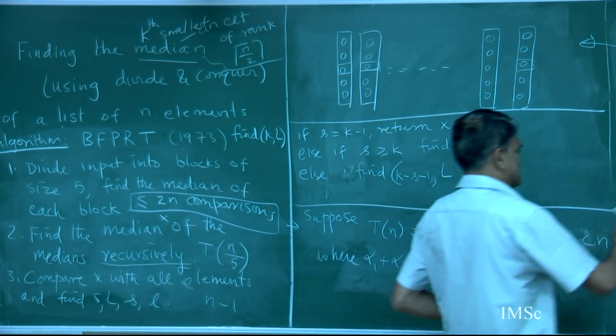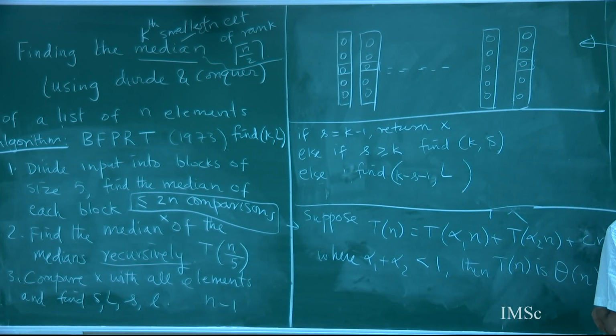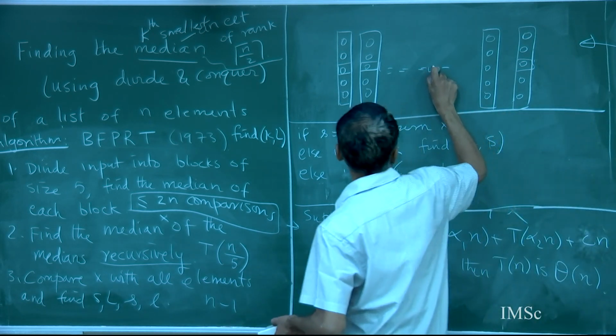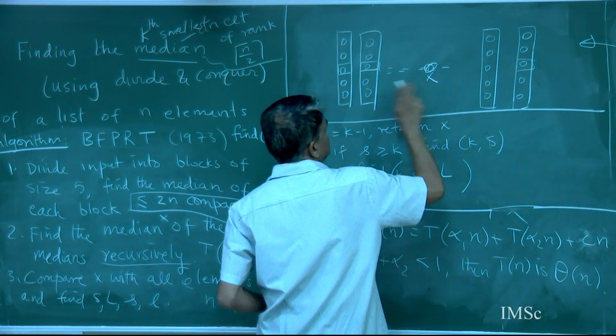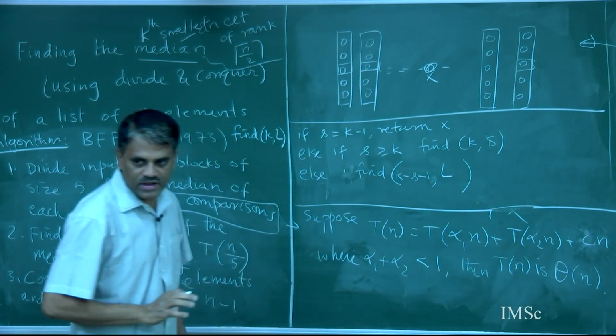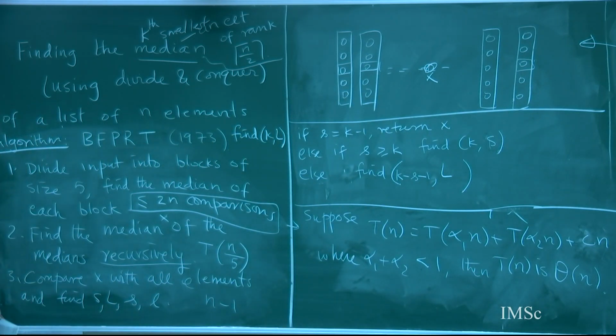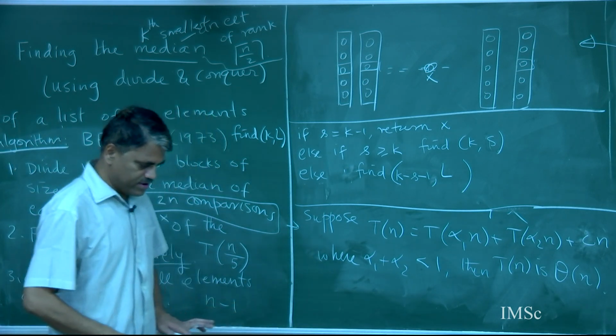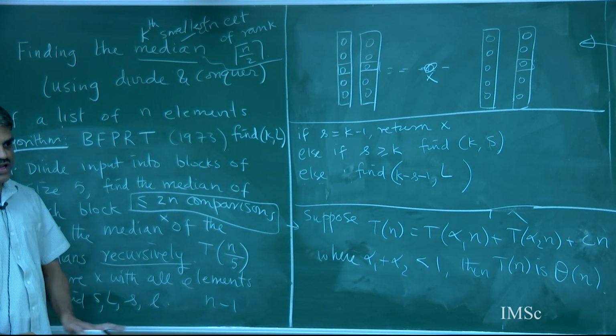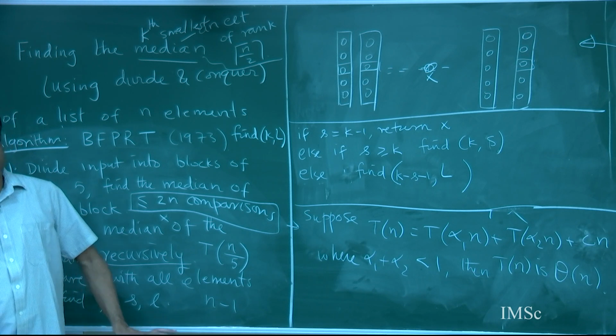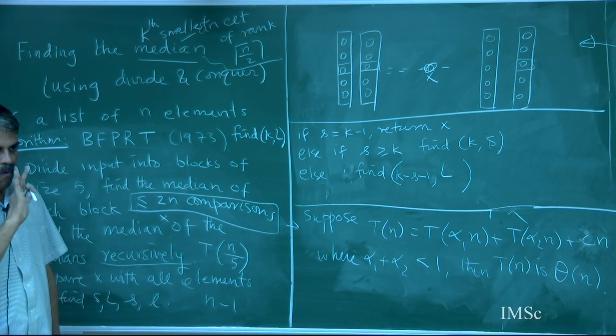So x, which I find, is the median of the medians. How many elements are definitely smaller than x, and how many elements are definitely larger than x?